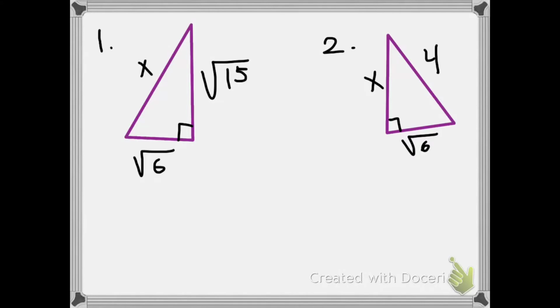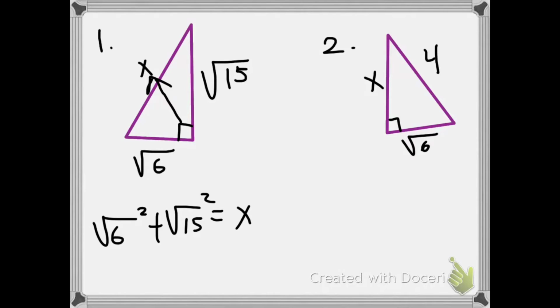So for number 1, we don't know our c, so I'm going to write square root of 6 squared plus square root of 15 squared equals x squared. Now we have to square the square root of 6.